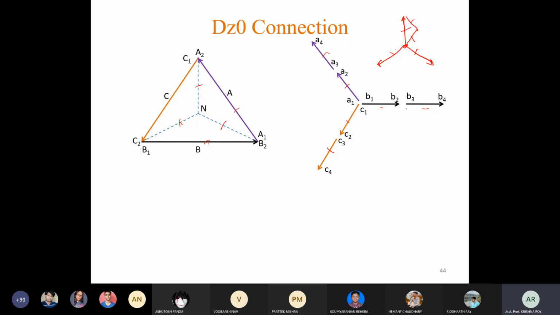Like if we draw in this way, so this is one phasor, this is one phasor, their resultant is this. Similarly, we can draw in this way and in this way. So this is this Z connection, and these are the resultants.